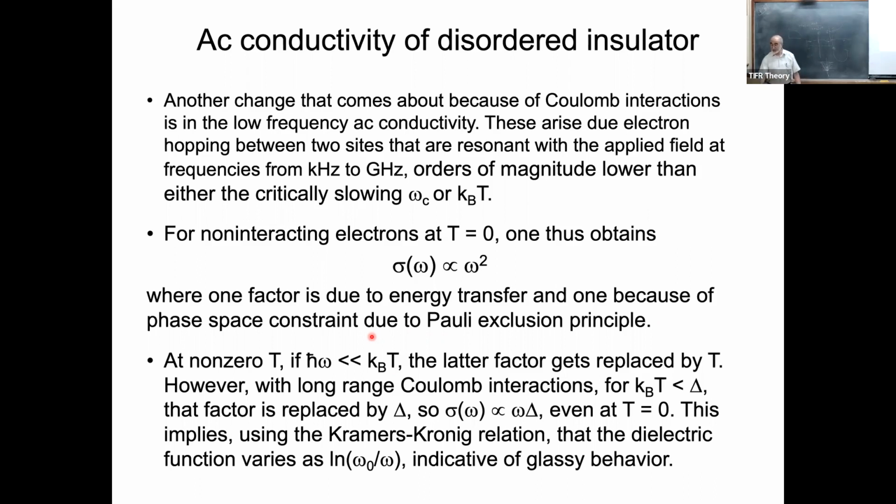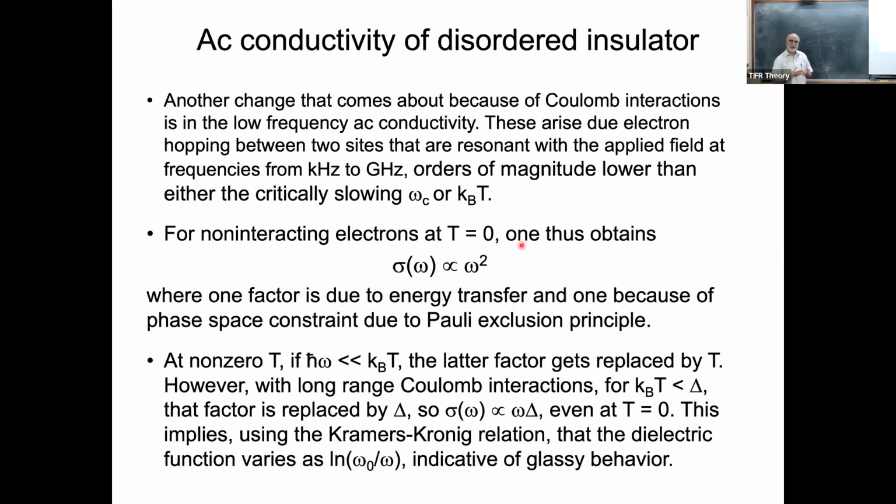That means the Pauli exclusion factor is not omega, it turns out to be kT, because all the occupation functions get broadened by kT. So what you end up with is omega times kT for non-interacting electrons.